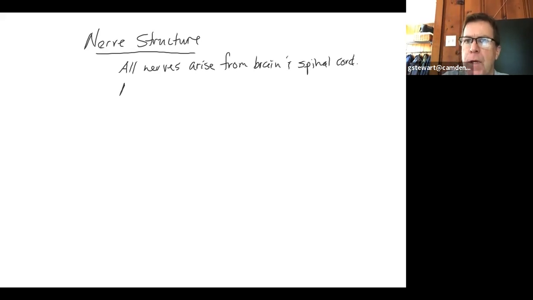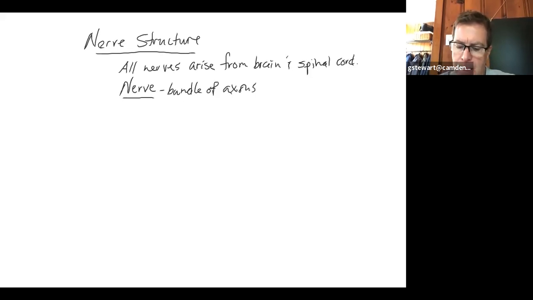So what we mean by a nerve, and some students do confuse this, a nerve is different than a neuron. A neuron is a single cell. A nerve is made up of many, many axons or fibers. So a nerve is sort of defined as, I'm just going to write a bundle of axons, and sometimes fibers is used instead of the word axons when we describe nerves.